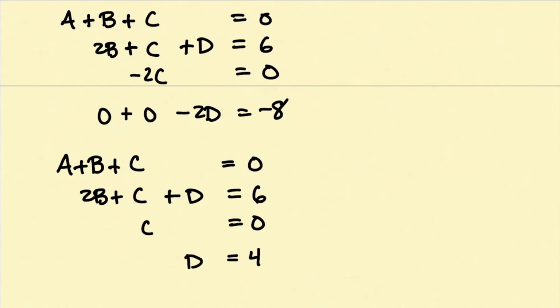The next thing I can do is work my way back up. Starting from the bottom, I'm going to use this D to remove any D's above it. There's only one, so I'm going to subtract the fourth equation from the second.